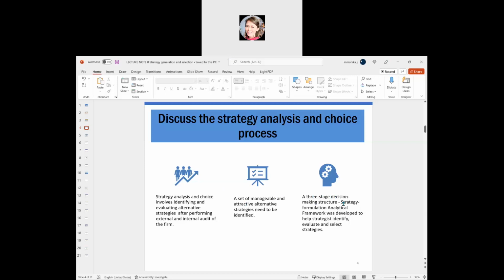This is to develop the strategy formulation framework, to identify, evaluate, and select strategies. So what happens is that a series of meetings would normally be conducted to come up with the final decision.